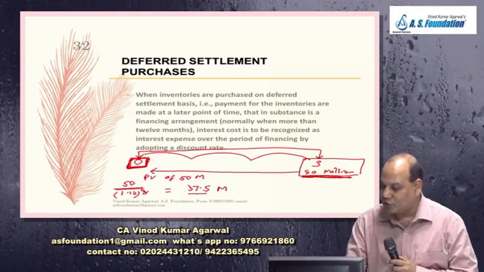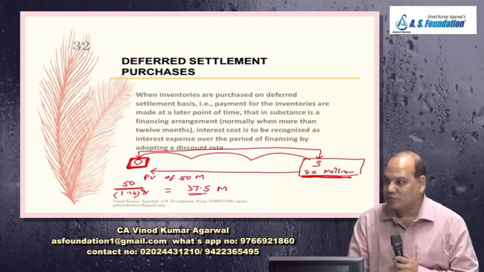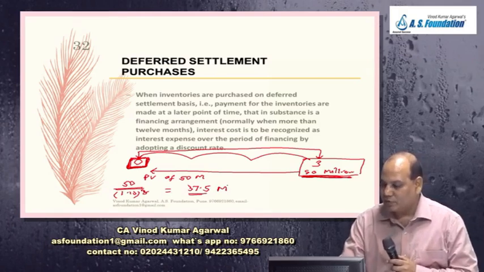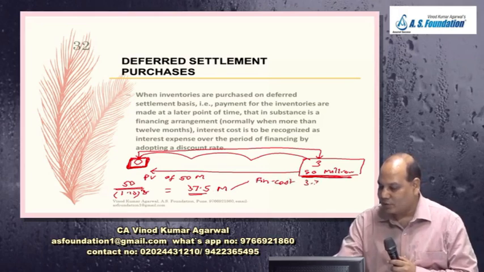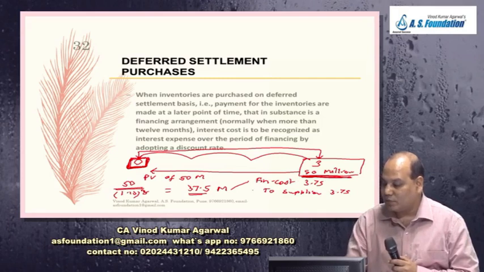And then in the first year you will calculate interest on this amount. 10% of this amount. How much? So first year you will pass an entry, finance cost account debit 3.75 to supplier of material 3.75. Supplier of material value will increase by 3.75.